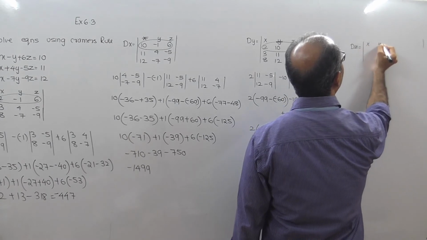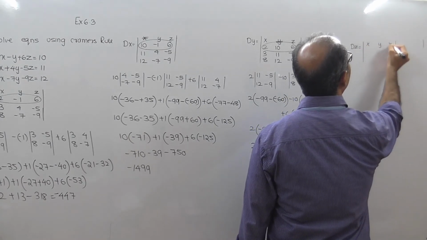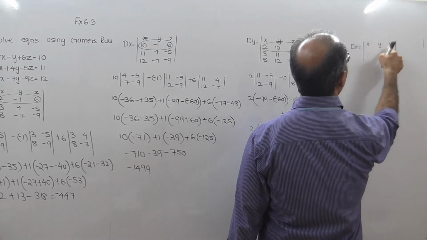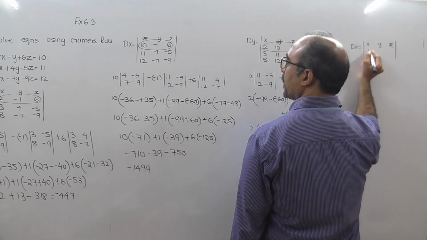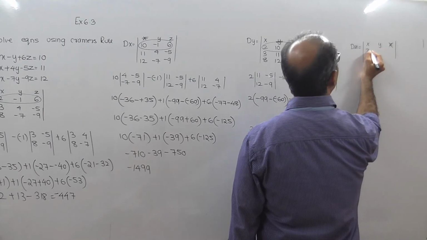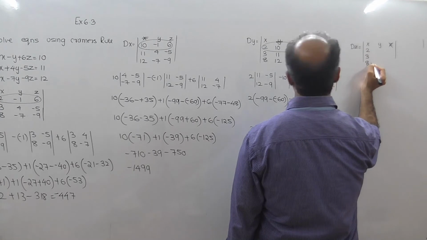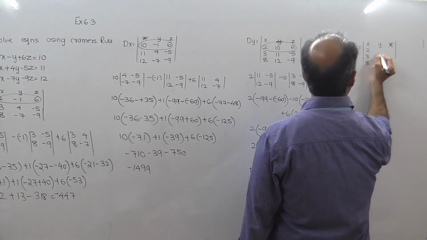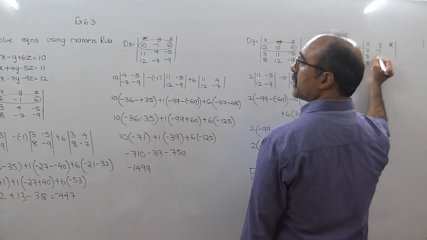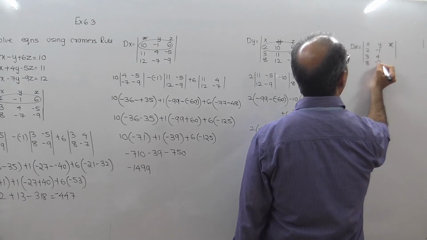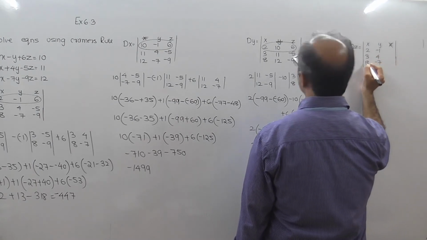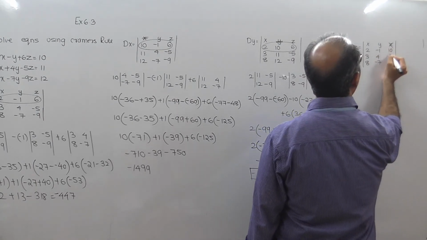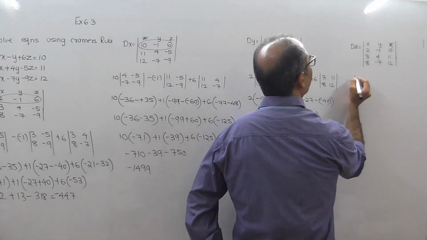You will have x, y, z. z will not come. Okay, in place of z, d1, d2, d3 will come. So this is 2, 3, 8. Y is minus 1, 4, minus 7. And this is 10, 11 and 12.